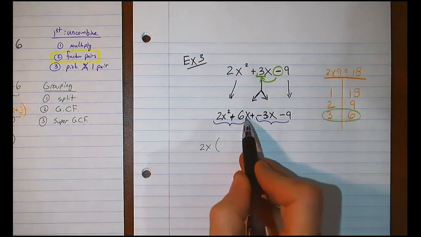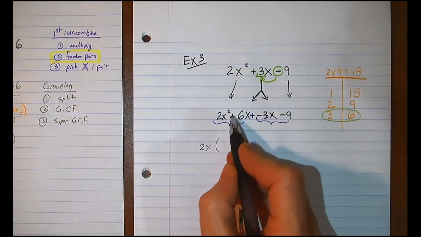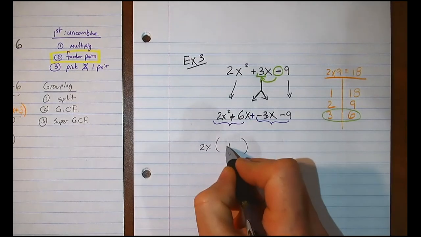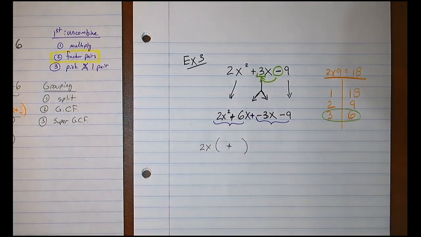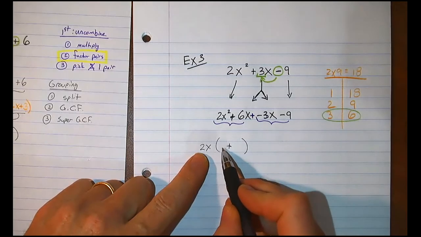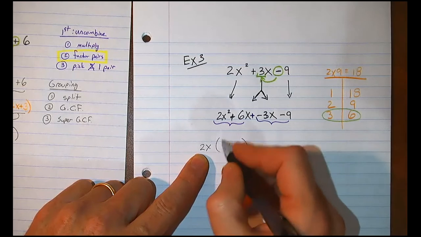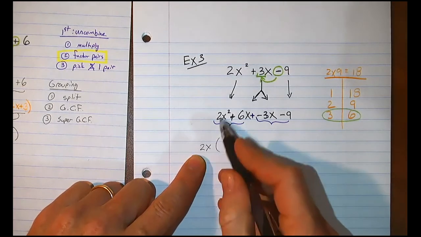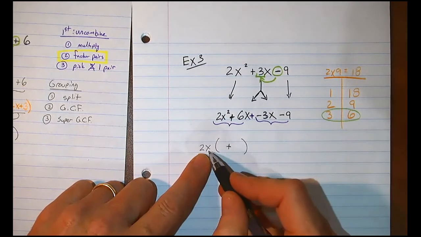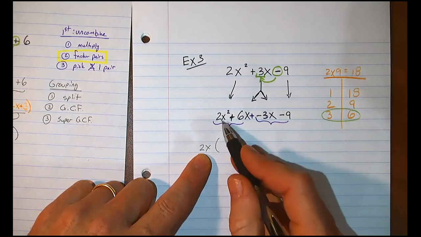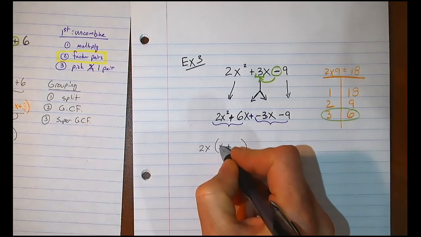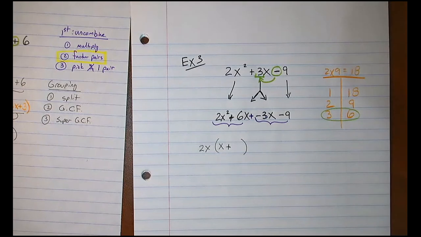Well, it must have been something with 2 terms and a plus sign in the middle. So that must have been my basic structure. The first term was something that when I multiply by 2x, I get 2x squared. Well, I only need a ninja 1. 2 times 1 equals 2. And then x times another x would give me an x squared. So this must have been a 1x. And I'll just keep the 1 as a ninja. So that was a 1x.